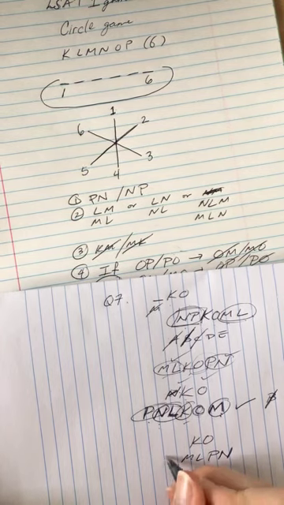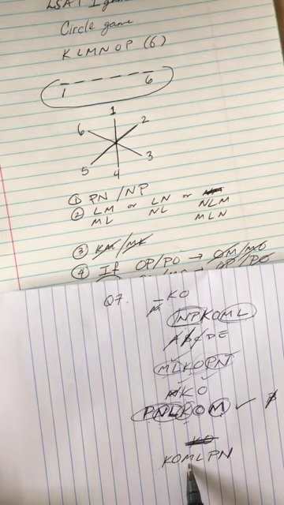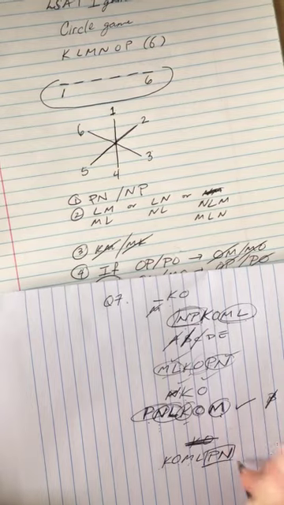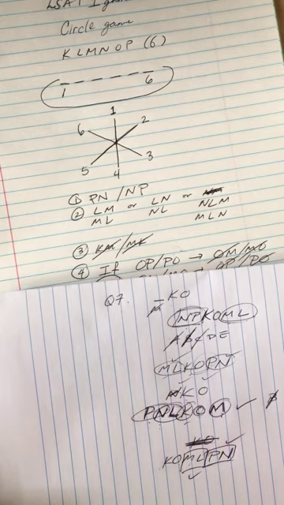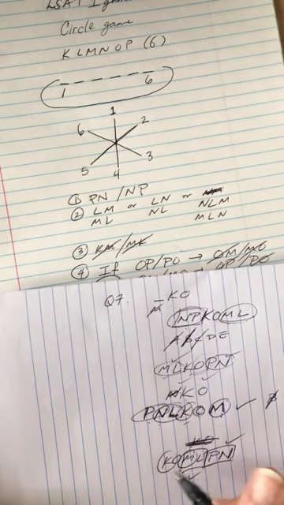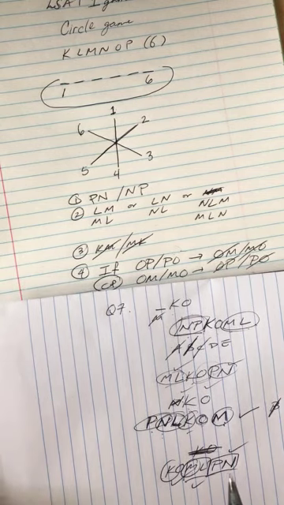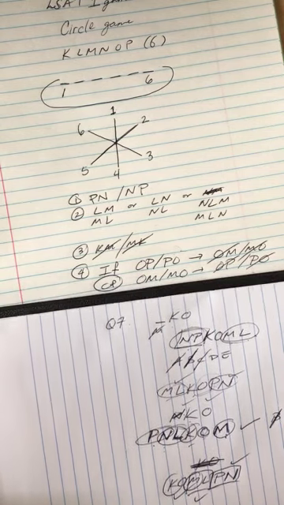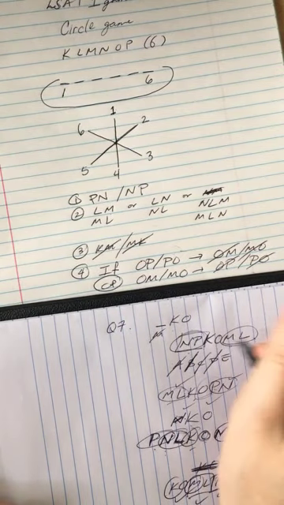We need to make sure that K and M are not next to each other, so that's okay as well. So PN fulfills rule 1, LM fulfills rule 2, M and K are separated, which fulfills rule 3, and if O and P are together, O and M cannot be, and if O and M are together, which they are, then O and P cannot be, so rule 4 is fine as well. So the correct answer must be E.